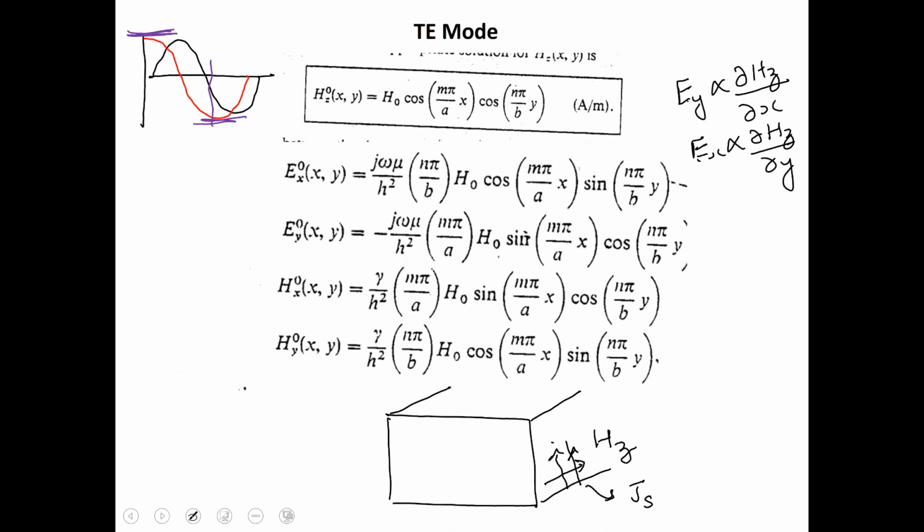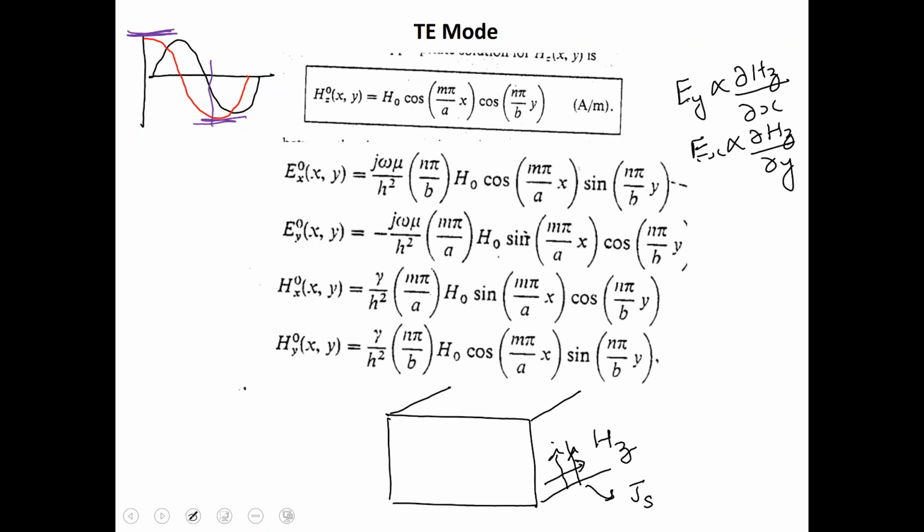And I know that the electric field is going to be the derivative of my magnetic field, and the electric field has to go to zero, so the electric field has to take a sinusoidal form in that direction.